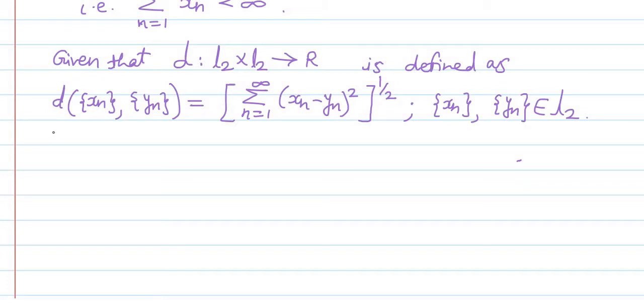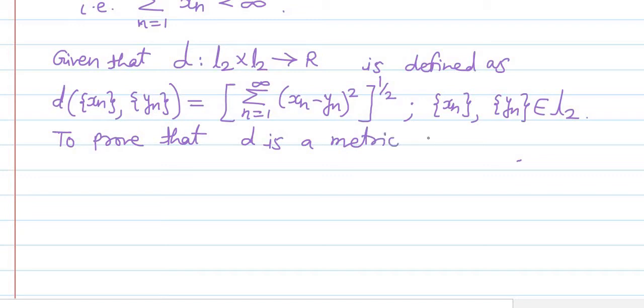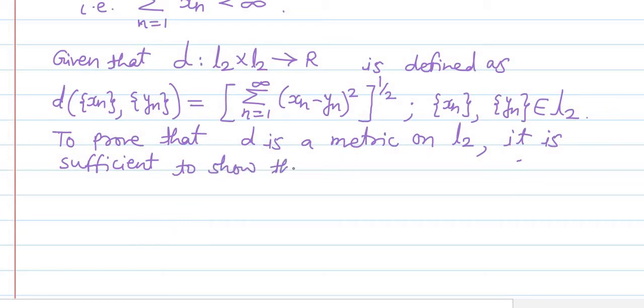To show that D is a metric on L2, it is sufficient to show that D satisfies the triangle inequality.